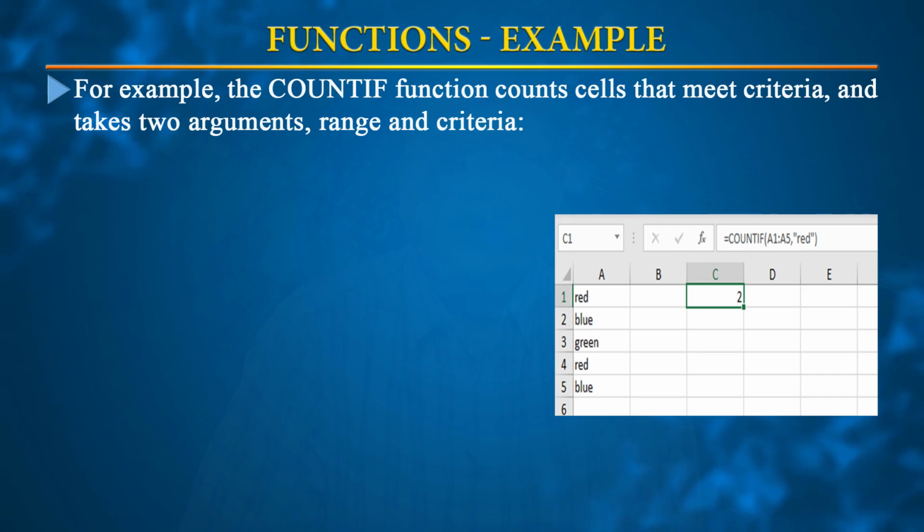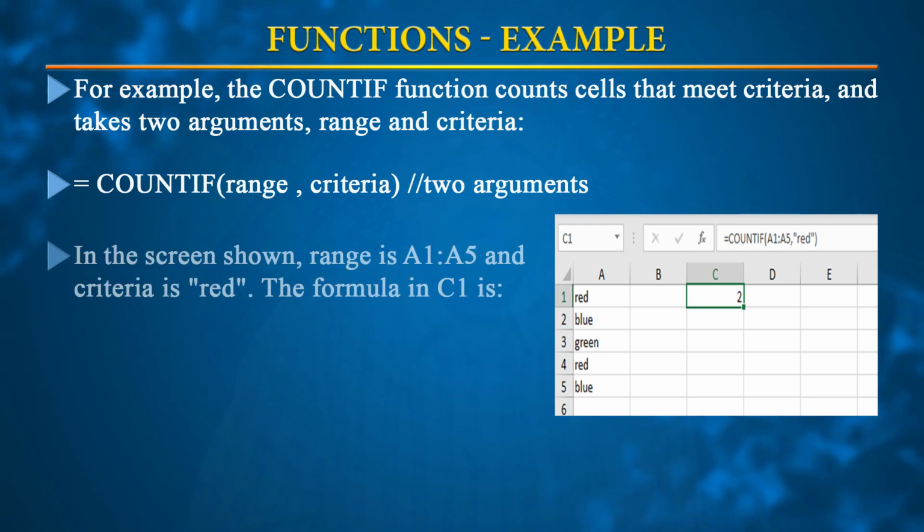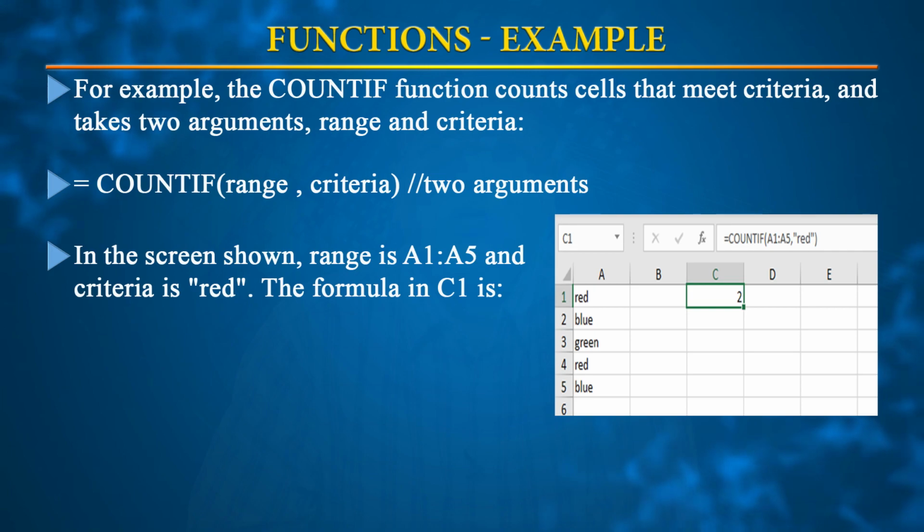Then you may use the formula COUNTIF. You use the format equal to COUNTIF, select the range of cells in which you want to search, then press comma, and pass the parameter, and you will find how many times the thing is repeated or counted.